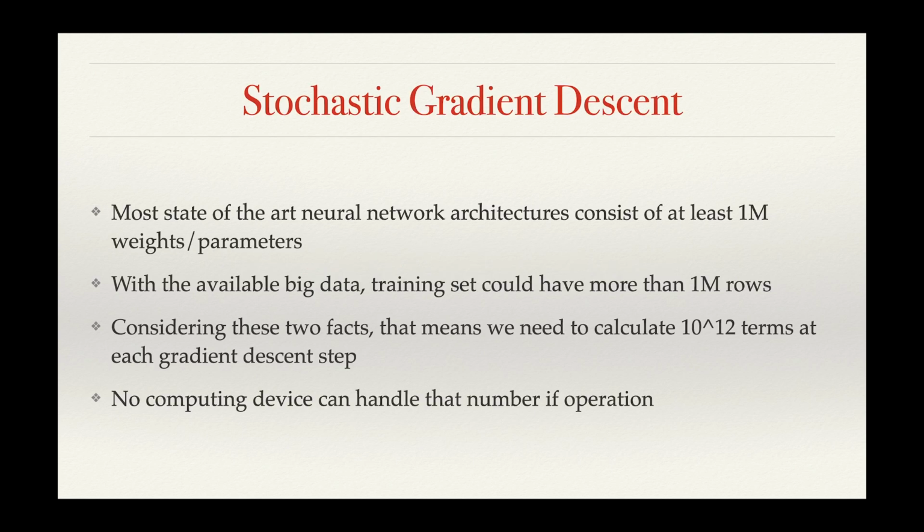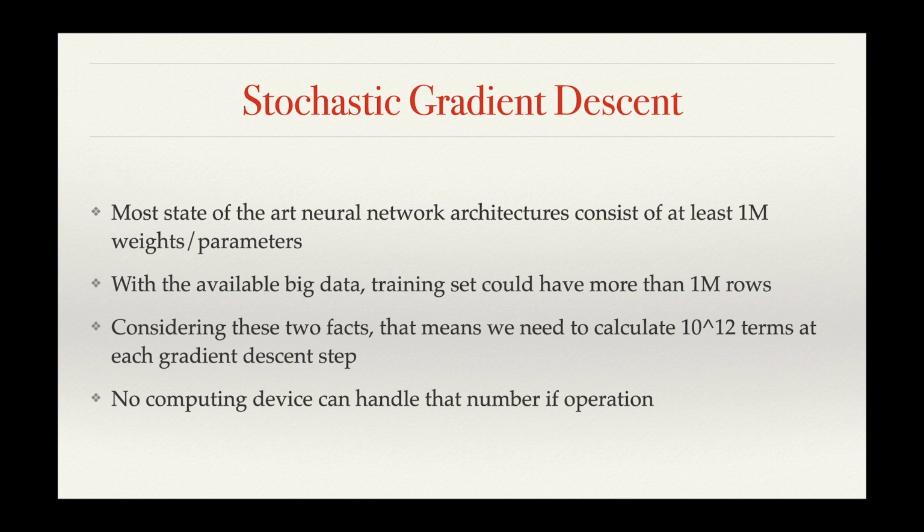Starting from about 10 years ago, most of the successful neural networks that have really good performance in real case scenarios consist of at least 1 million weights or parameters, which is a lot of weights within a neural network.